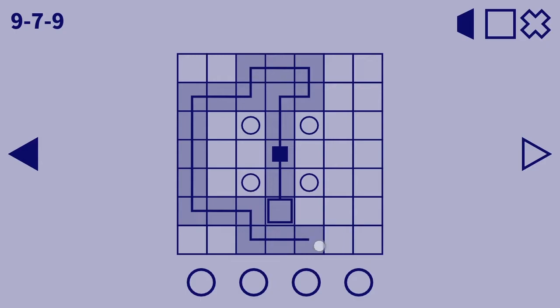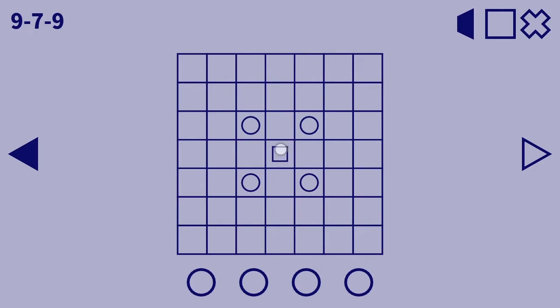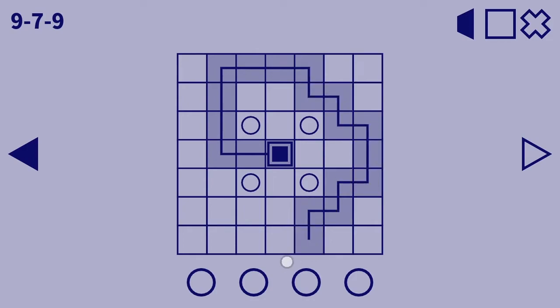Corner, corner. Oh, they're not all in the same area, of course. But I have to go through that. So corner, come around to this. That's a corner. Corner, and somehow fill the rest in.